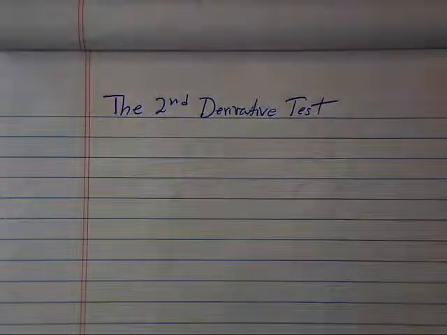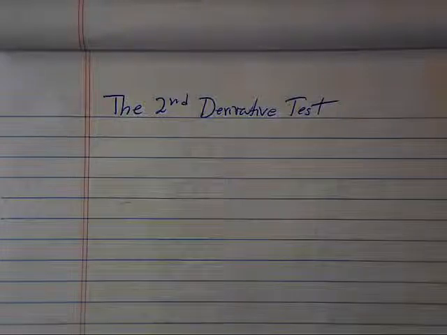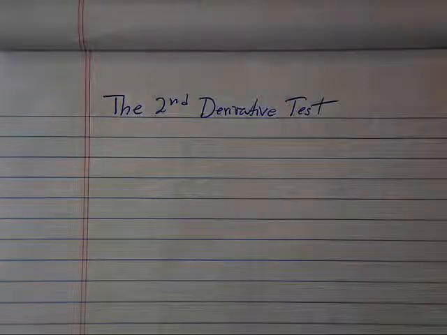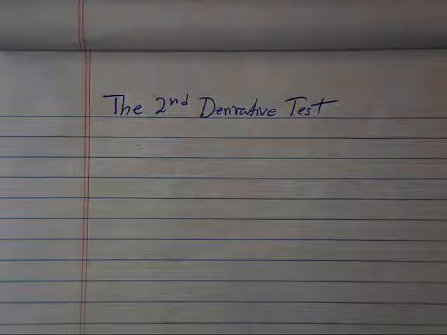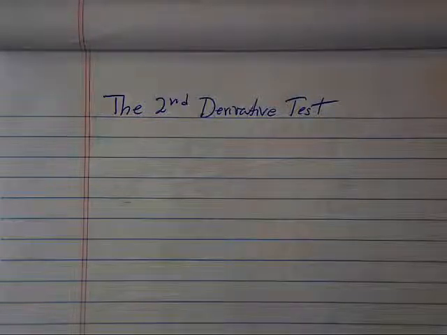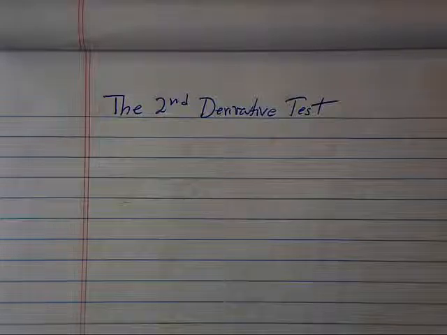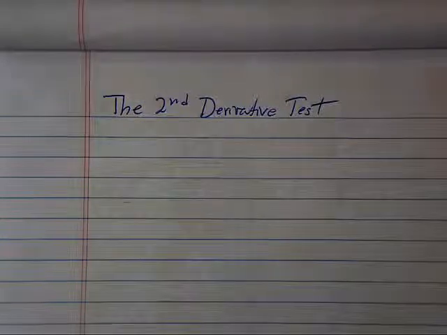We found the critical numbers, and then we drew a number line to see if it was increasing and decreasing. And what did the first derivative tell us about the critical points? Whether they're maximums or minimums. The second derivative test is also going to test to see if critical points are minimums or maximums.